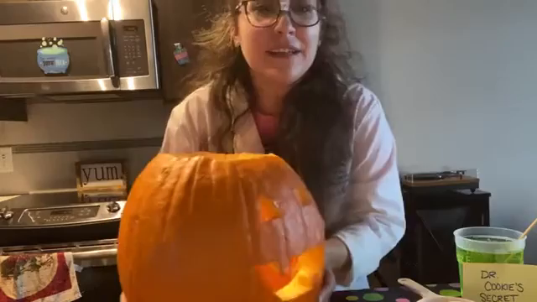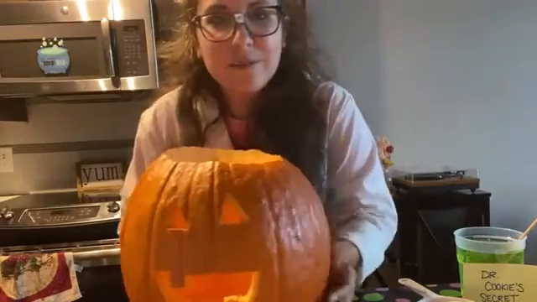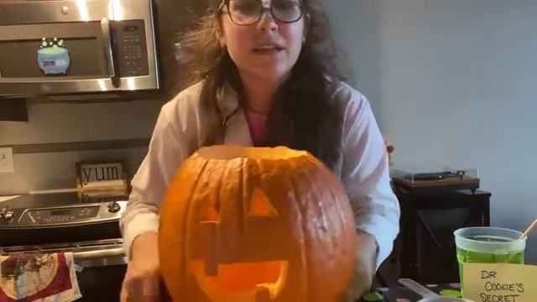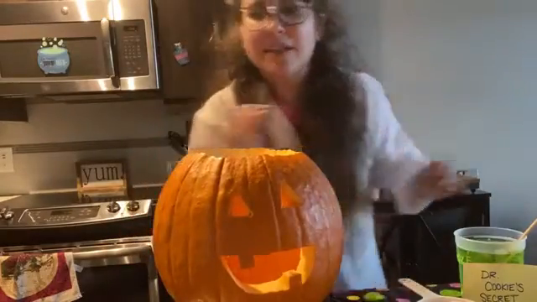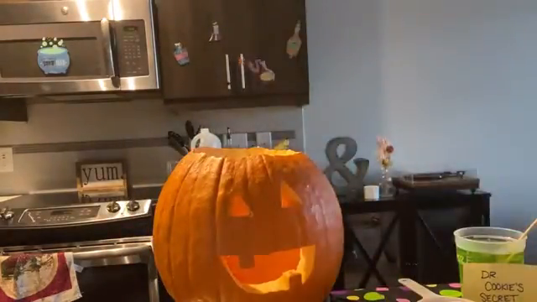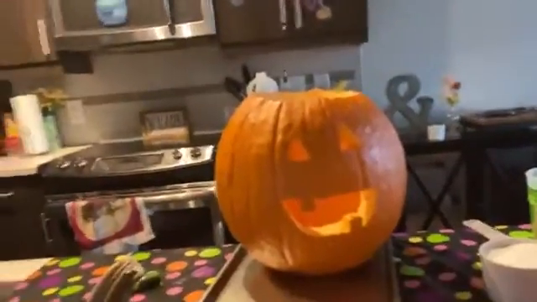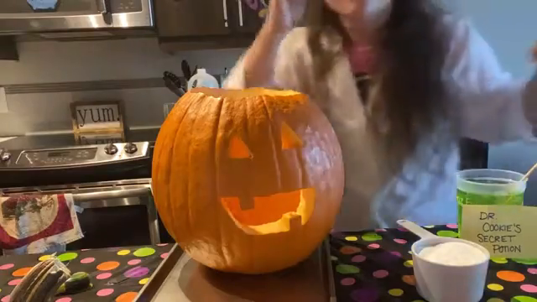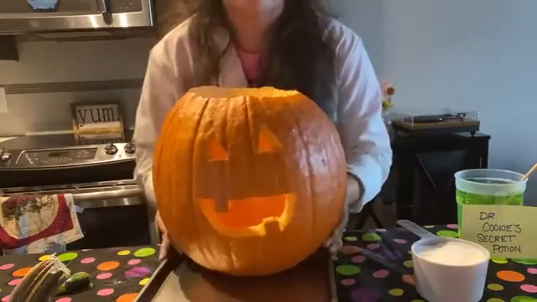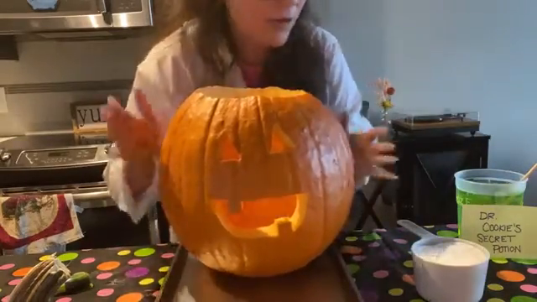All right. Can we see my buddy Fred? I think we see Fred. Let me get a little better view on Fred. He is the star of the show, not Dr. Cookie. All right, Fred is the star of the show right now.